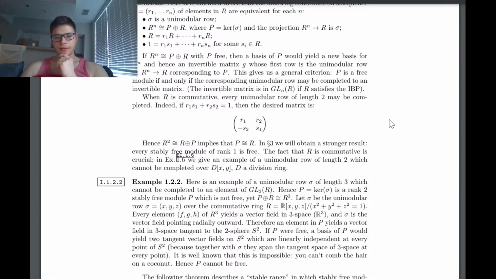Why is that? Let's see. Try and give a linear combination. I think you can multiply by s1 and s2 and get some sort of sum. I'm actually not sure why this would be linearly independent.